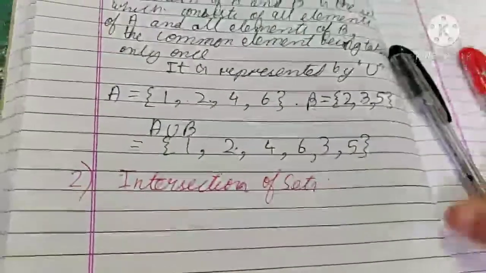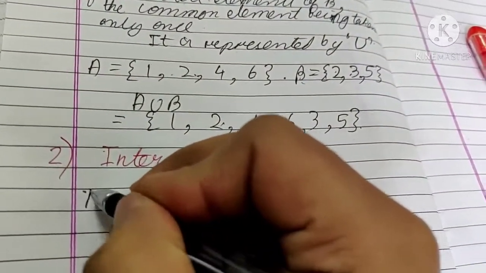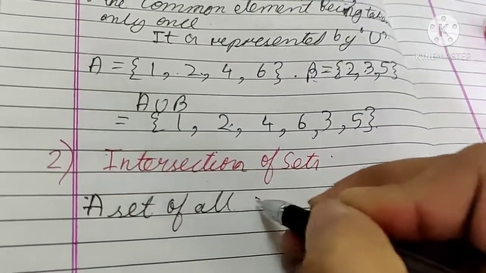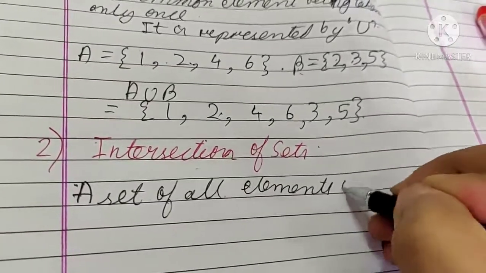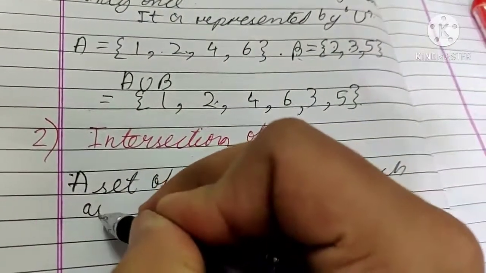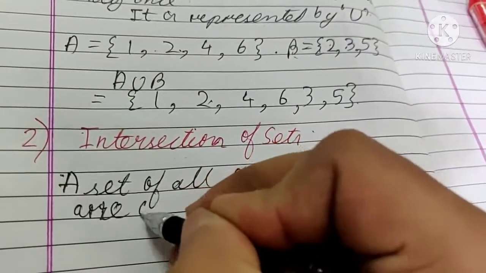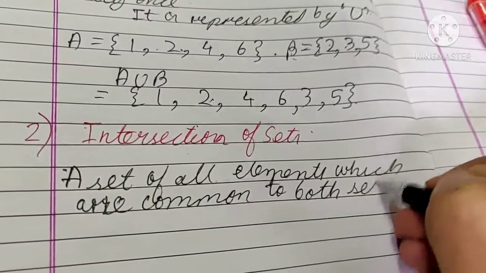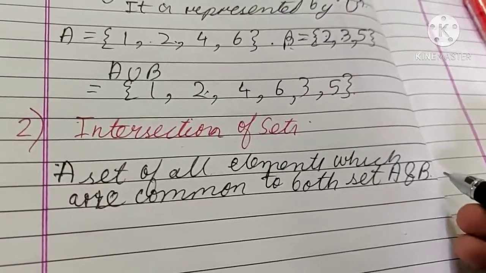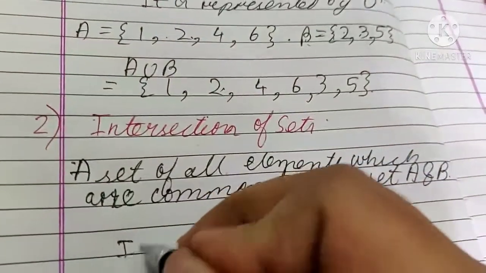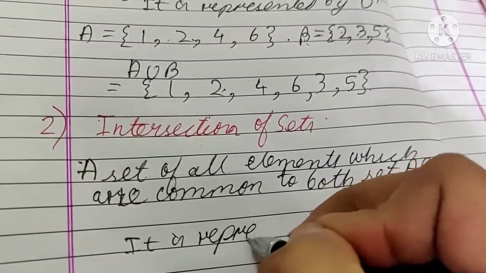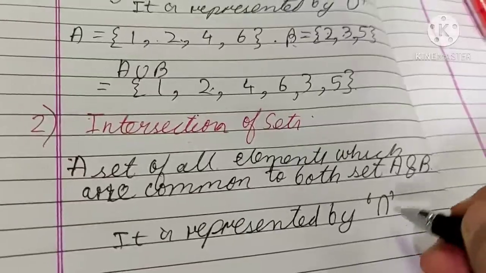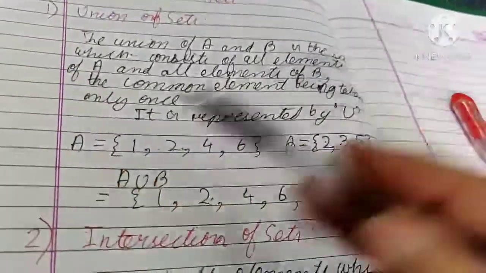So intersection of sets means a set of all elements which are common to both sets A and B. Means the common elements, and it is represented by this, the upside down U. And this is a U, it is union, means combination of both the sets. It is intersection, the common elements.